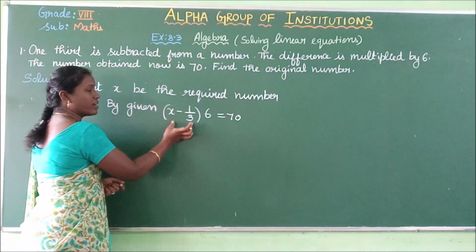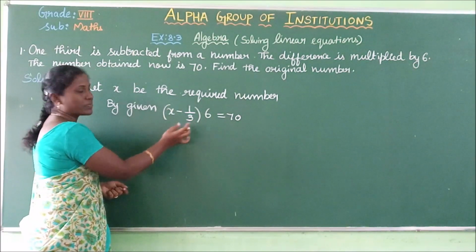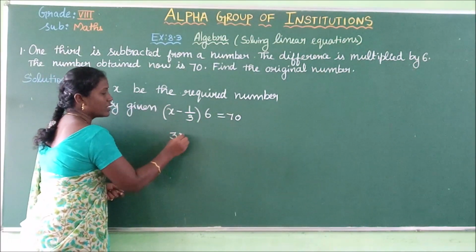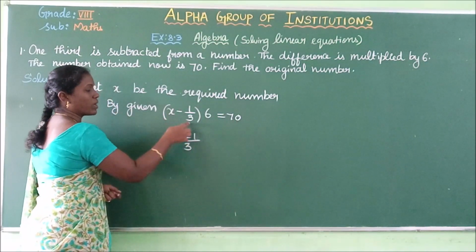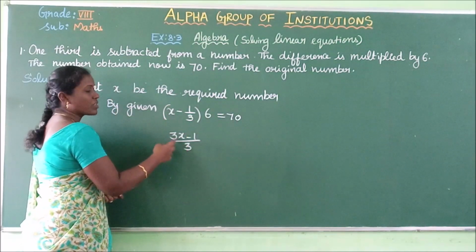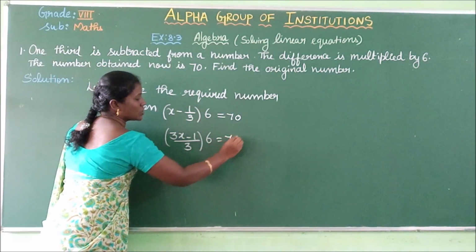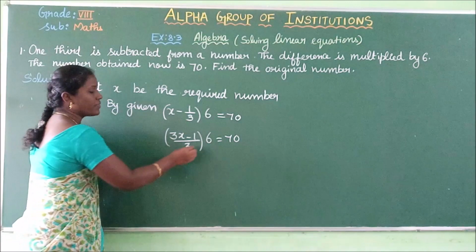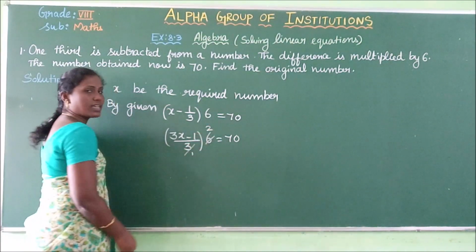If you want to solve this or open the bracket, first we have to take the LCM. If we take the LCM, it is (3x minus 1)/3, because the LCM of 1 and 3 is 3. So (3x minus 1)/3 into 6 is equal to 70. Shall we cancel 3 and 6? Yes. 1 3 is 3, 2 3s are 6.